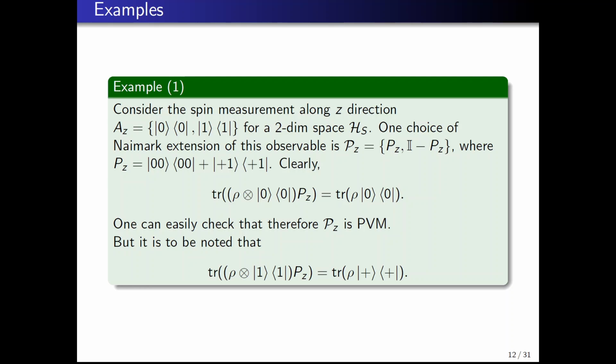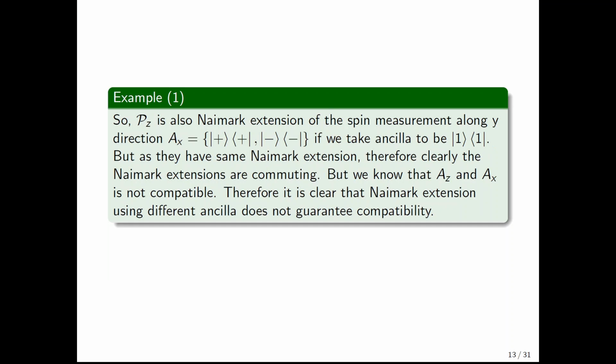So there is a typo in the second equation, sorry, no, there is no typo. So therefore we got that using different ancillas, if we construct the Naimark extension for incompatible observables also, you will get a commuting Naimark extension.